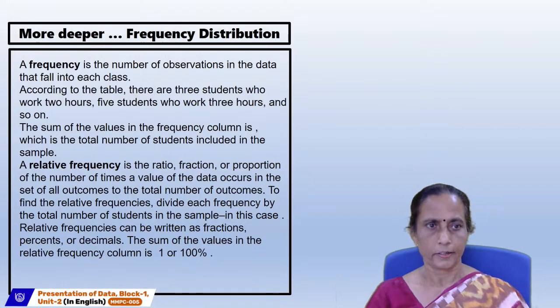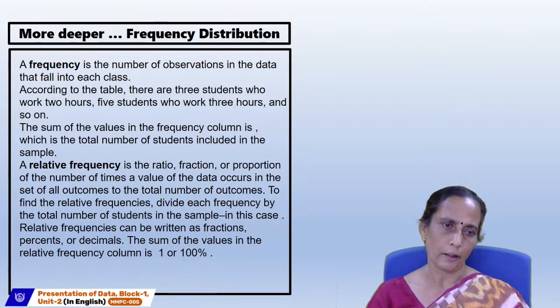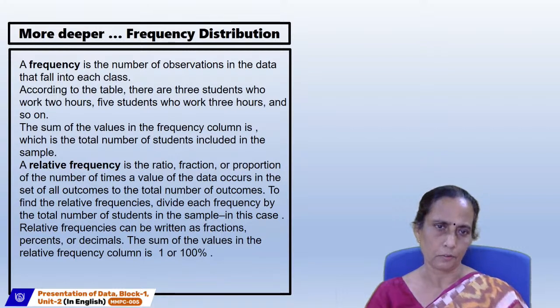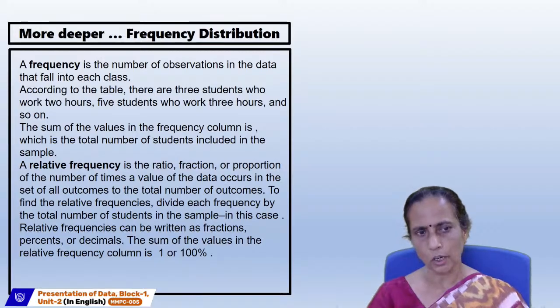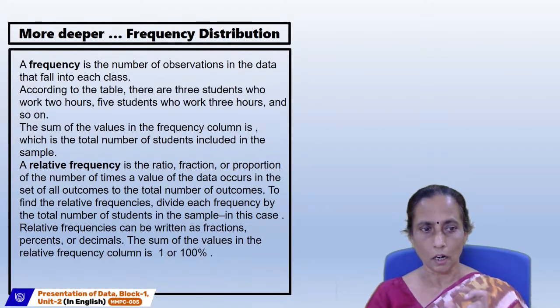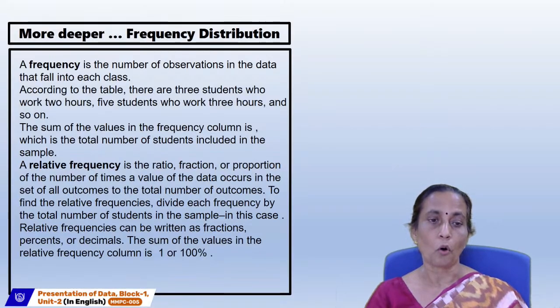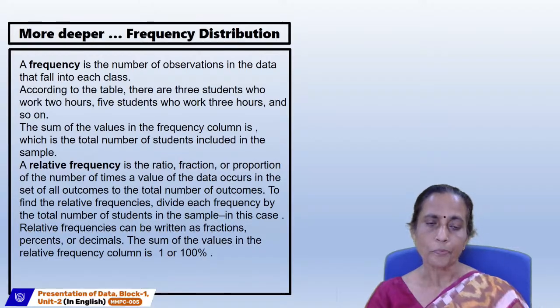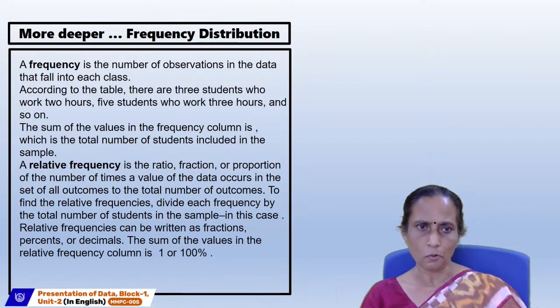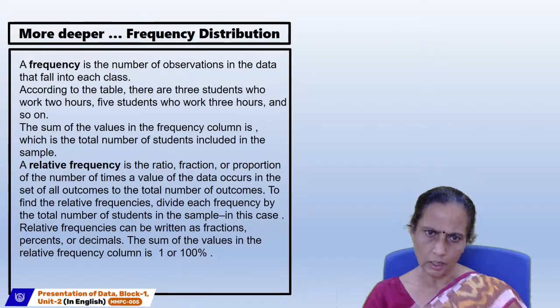Once we have made a frequency, we should also have one more terminology, that is relative frequency, which is a ratio or a fraction or a proportion, whatever you say. It is the number of times a value of the data occurs in the set of all outcomes to the total number of outcomes. The total number of outcomes over here is 20.